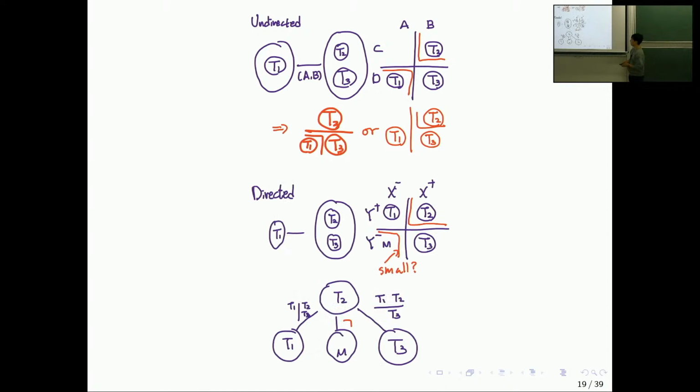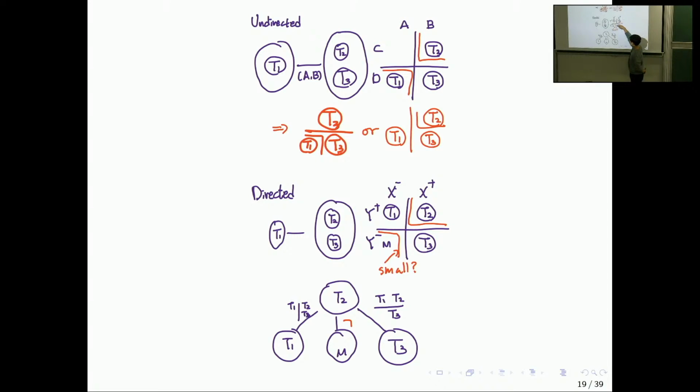But for directed graphs, this kind of thing is quite annoying because, for instance, you have something like this, and then the separation corresponding to this is X minus and X plus, and the separation for this is Y plus and Y minus, like this. And then assume that T1 is on this part. But because of these plus and minus things, only this part is a possible separation, right?